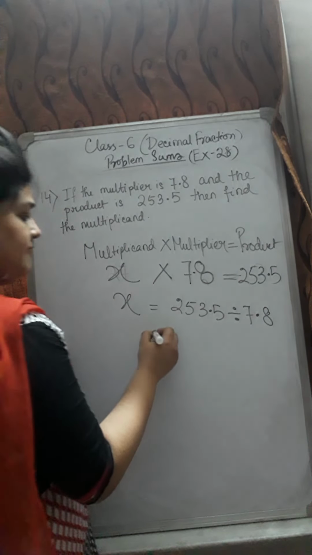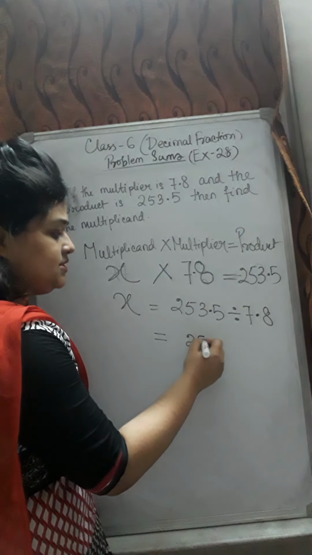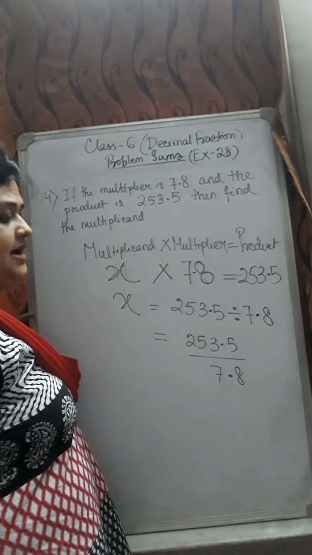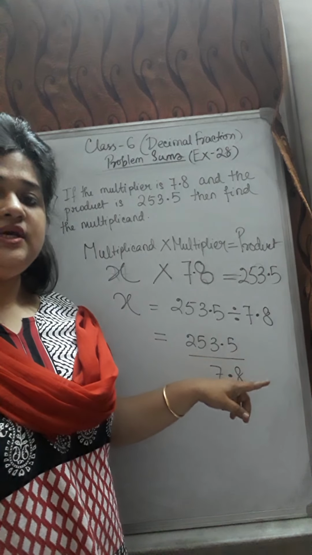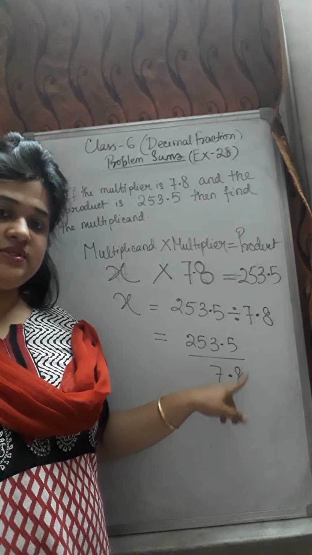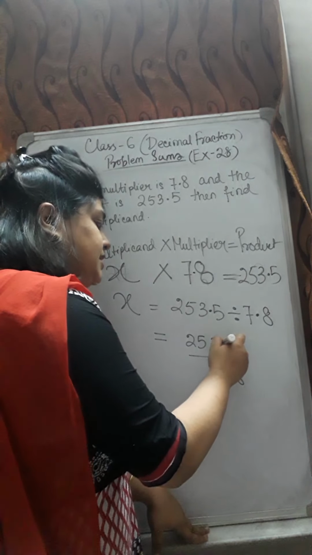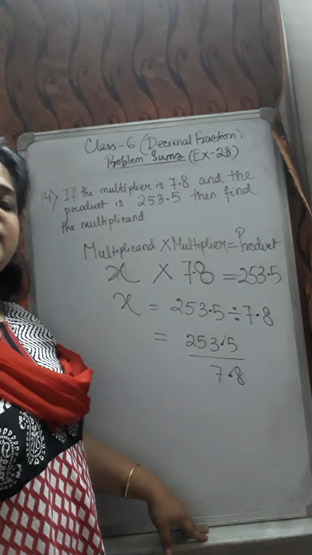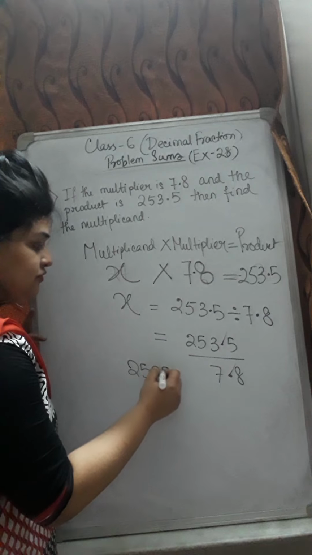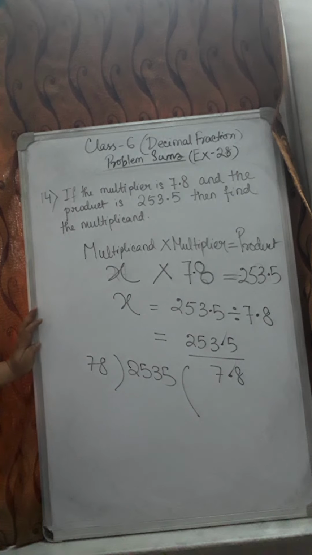Now, when we divide two decimal numbers and there are equal decimal places, here only one place after the point and there also only one place, you can just cancel out the decimal. It becomes a normal division problem. So now you just have to divide 2535 by 78 and see what the answer is.